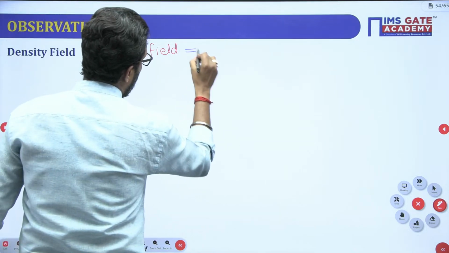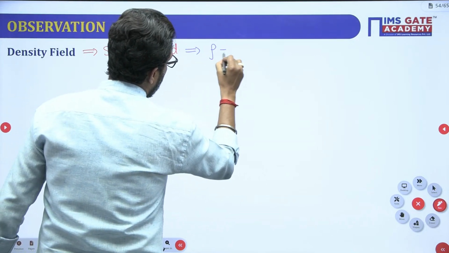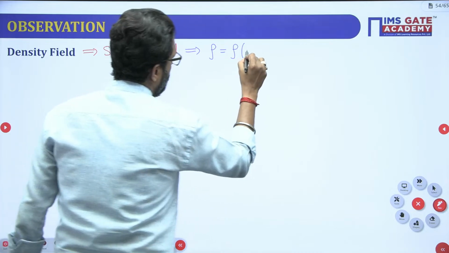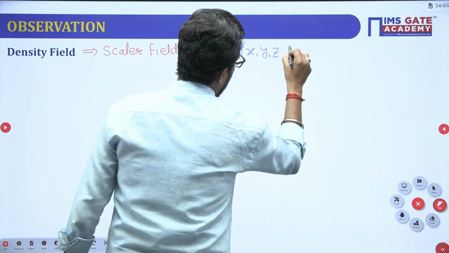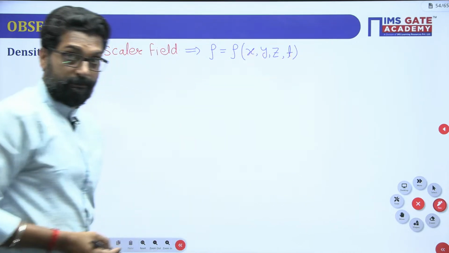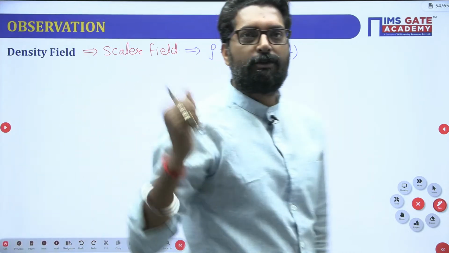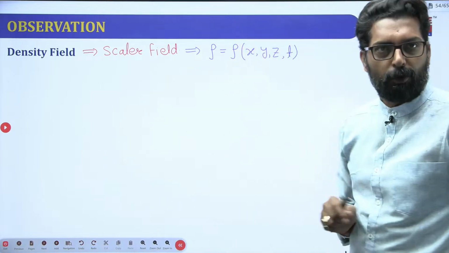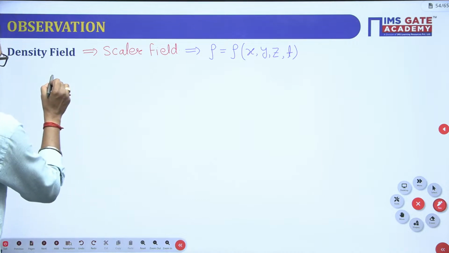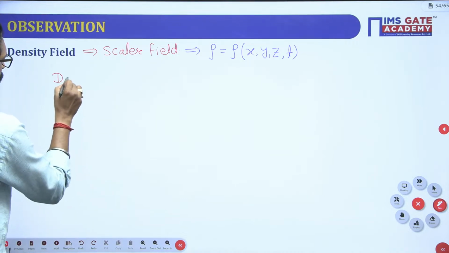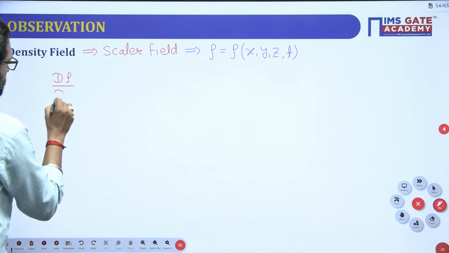Let's suppose this density is equal to rho(x, y, z, t). Now, this is your which approach? Eulerian approach, the field approach. Okay. Now, if we write the total derivative d rho by dt, how to write it?